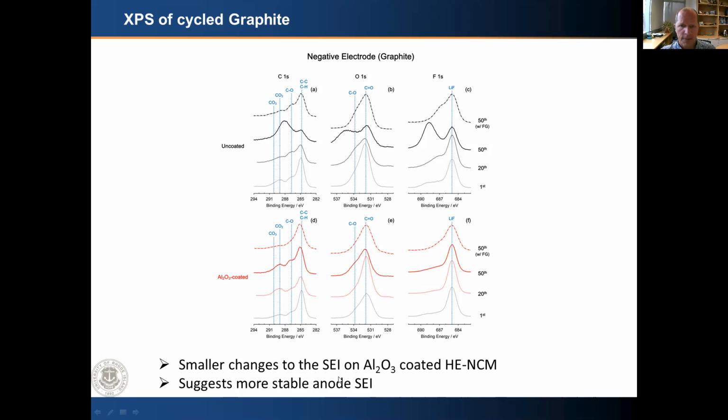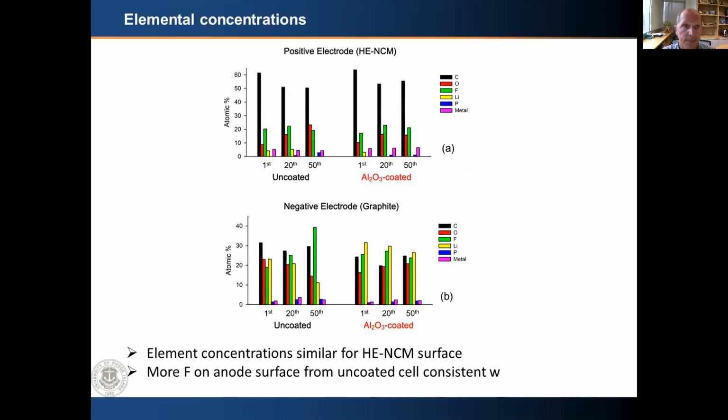While in the case of the alumina-coated, we see only small changes to the surface of the graphite, which once again suggests that in the presence of the alumina, we're inhibiting the decomposition reactions of the electrolyte with the surface of the graphite. So the alumina is inhibiting either the generation of the acidic species, the phosphorus oxyfluoride on the cathode, or the alumina is inhibiting transition metal dissolution from the surface of the cathode. And either of those species can potentially damage the surface of the anode or the anode SEI.